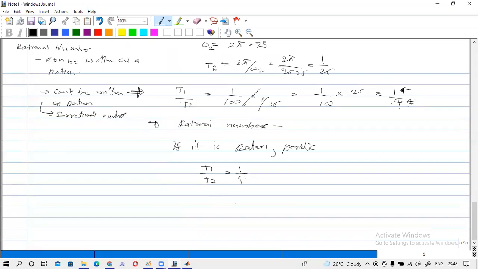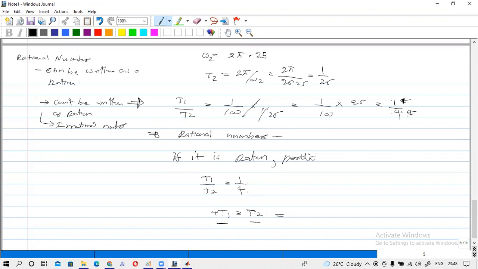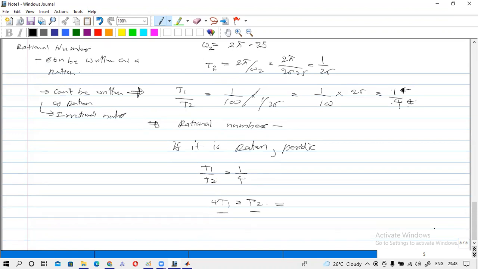If I equate this, you can see that 4T1 is equal to T2. Actually this is the period for T1 or T2. So what is T1? You already know that T1 is 1 by 100. So if you multiply 4 by 1 by 100, you will get 1 by 25.